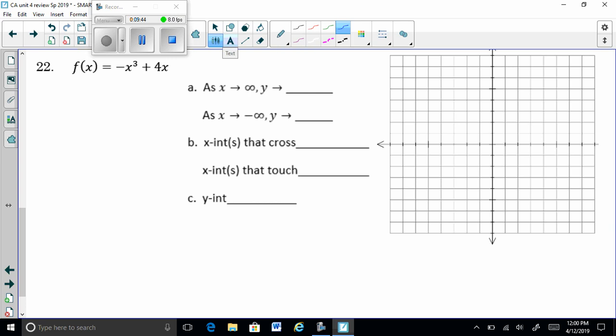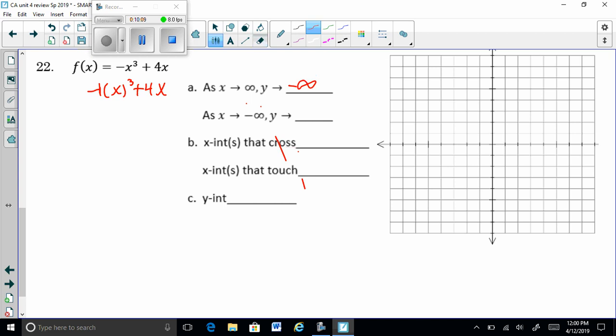Okay, so if we look at end behavior first, as x goes to infinity, what's going on here is you've got -x to the third plus 4x. So that negative actually doesn't apply until after you cube it. So you cube infinity, you get a positive number, but then you're multiplying it by -1 in front. So that's going to go to negative infinity.